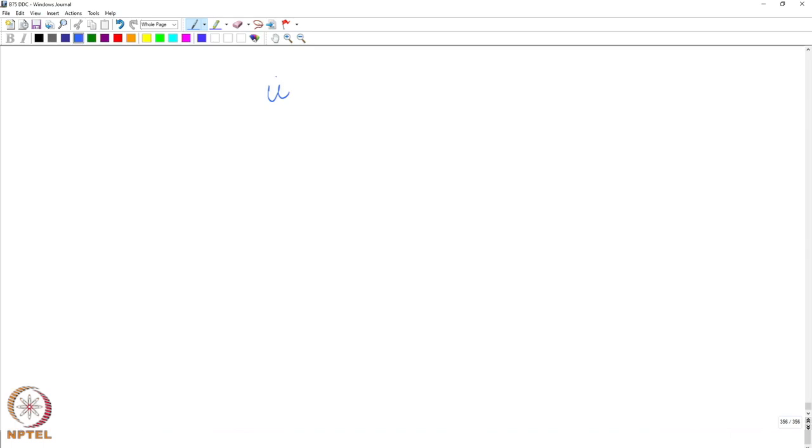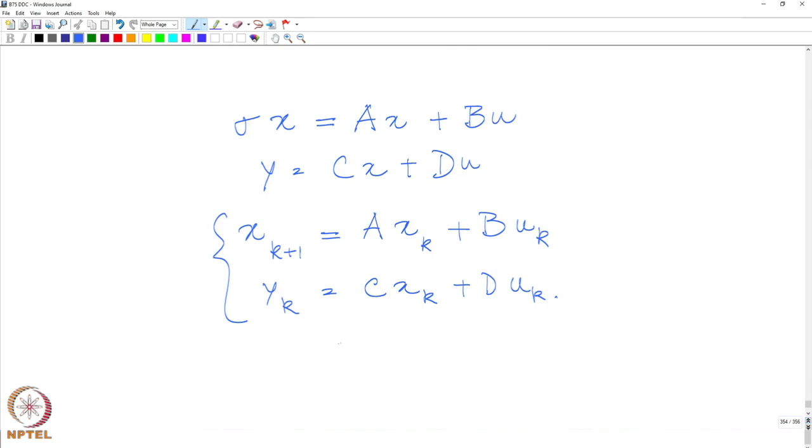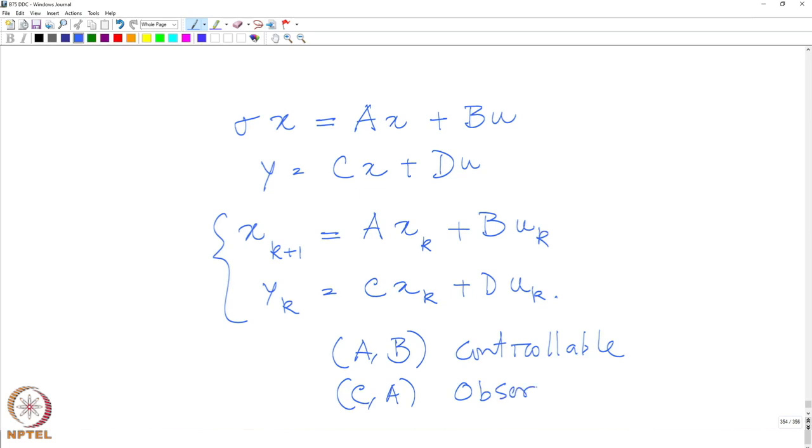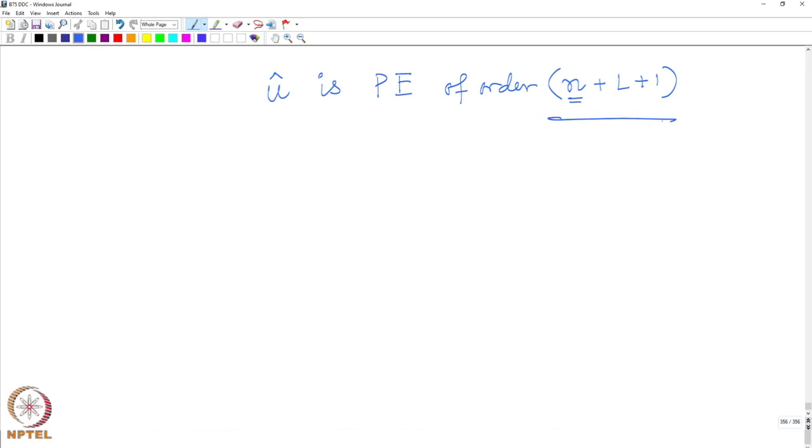So one sufficient condition is that u hat is persistently exciting of order n plus L plus 1, where n is the size of the state variable, because there is a minimal state space representation. I am also assuming the system is controllable and observable. If u hat is persistently exciting of order n plus L plus 1, then we have this.